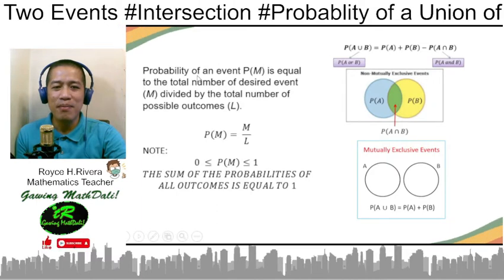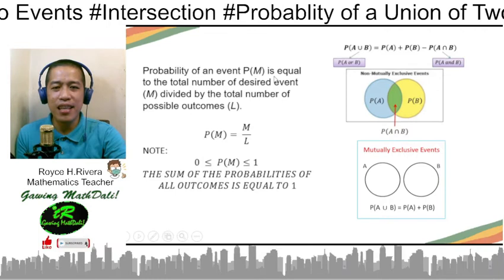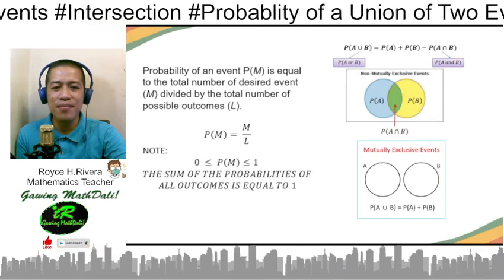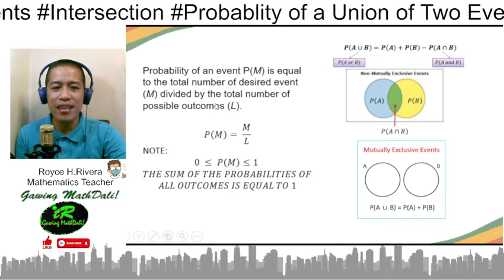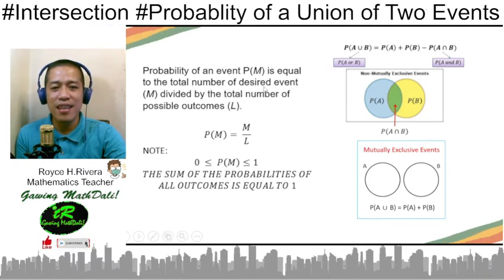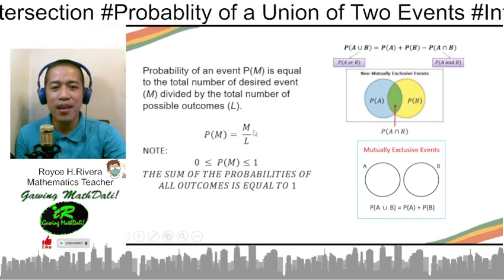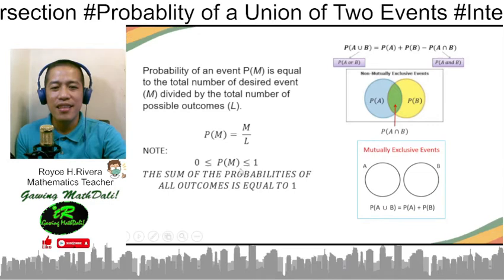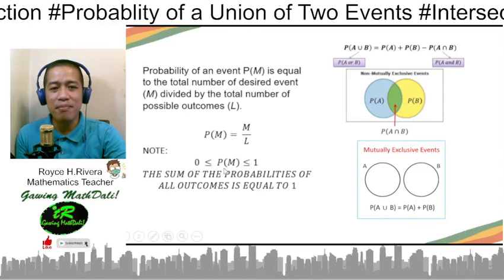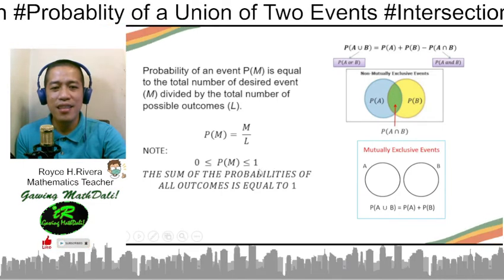The probability of an event, example P of M, is equal to the total number of desired event M divided by the total number of possible outcomes L. In symbol, P of M is equal to M over L. The probability of an event P of M is in between 0 and 1.